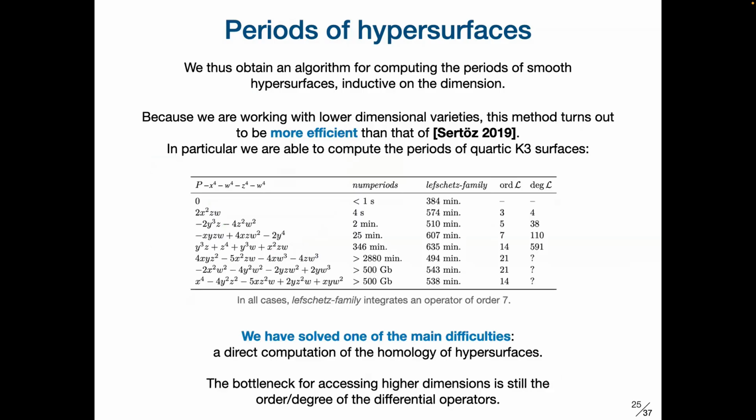This table sort of does a comparison of the efficiency of the two algorithms. And for example, what I just mentioned here, so Numerical is the implementation of Pierre Lairez and Sertöz. And you can see that, for example, for the quartic, it's instantaneous, of course, because the periods of the Fermat quartic are going to be hard-coded in that code. But as soon as you start adding more and more monomials, it takes more and more time.